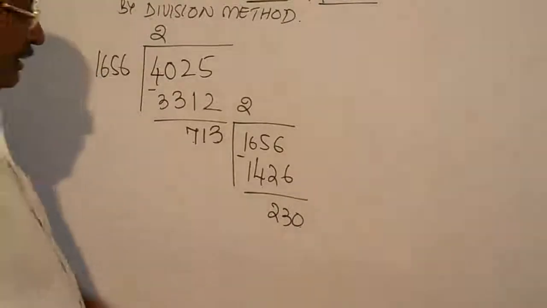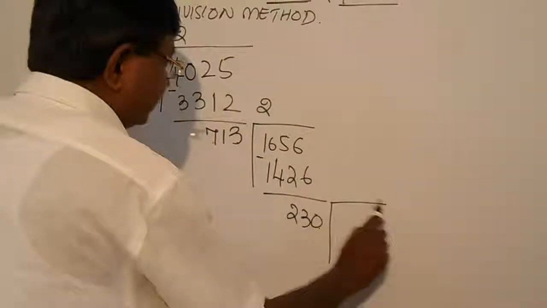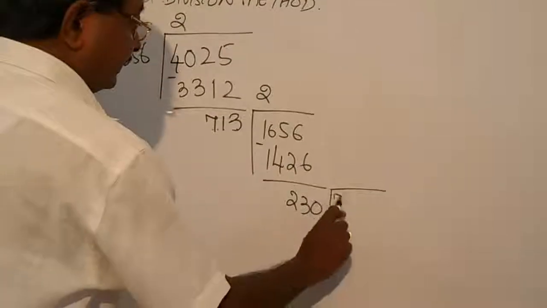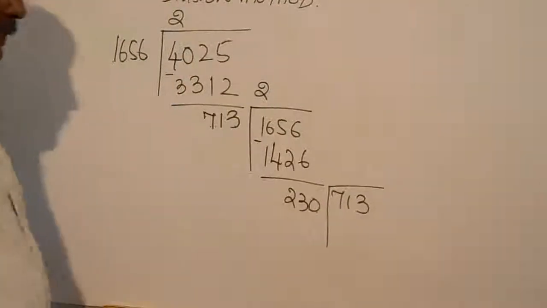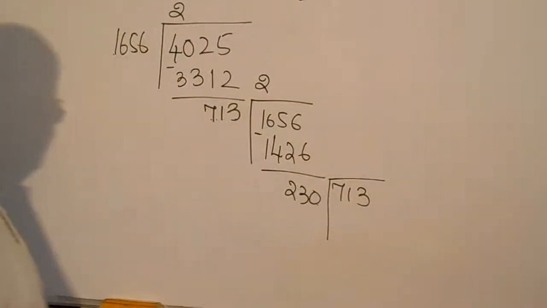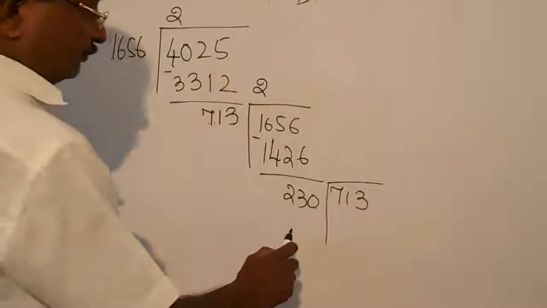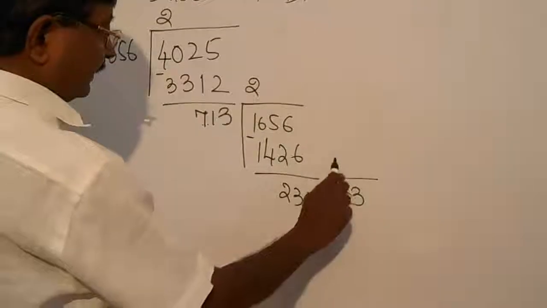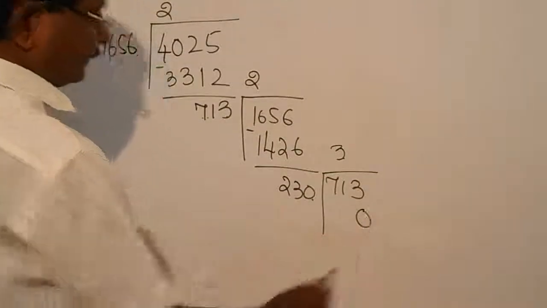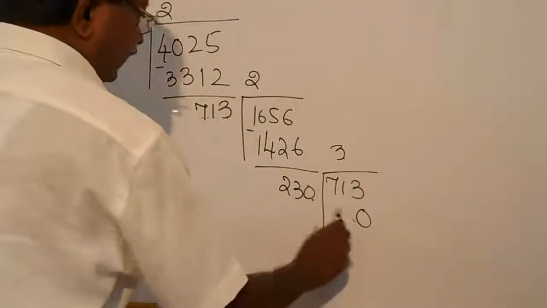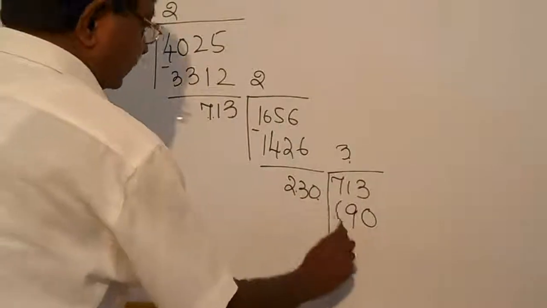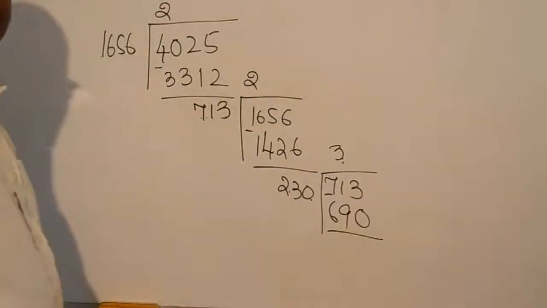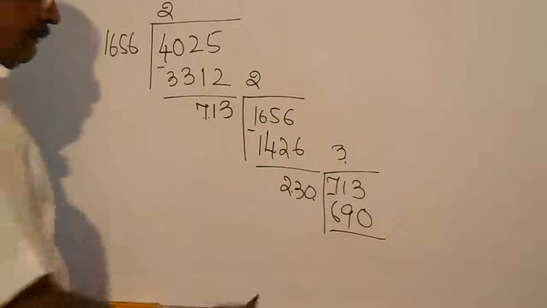Again, this remainder should act as a divisor, for which number? For 713. In this case, I will take 230 into 3. 3 zeros are 0, 3 3s are 9, 3 2s are 6. 713 minus 690, we get 23.